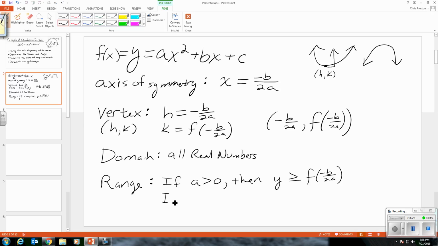If instead a is less than 0, then y is going to be less than or equal to this value. So if your parabola is going down at this h, k location, then your y values are going to be that value or lower.